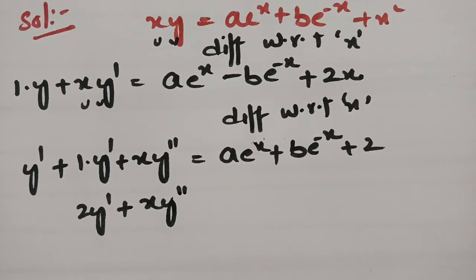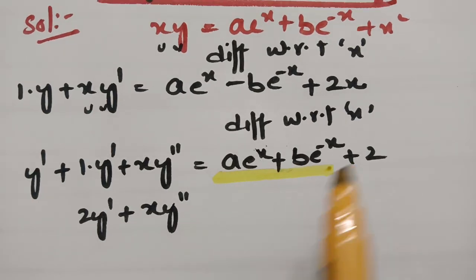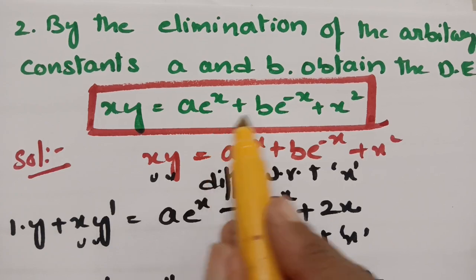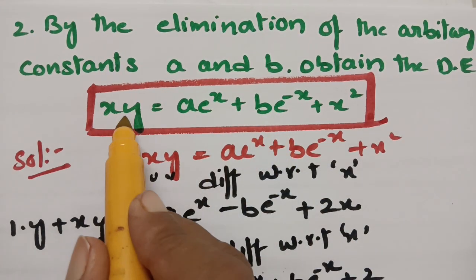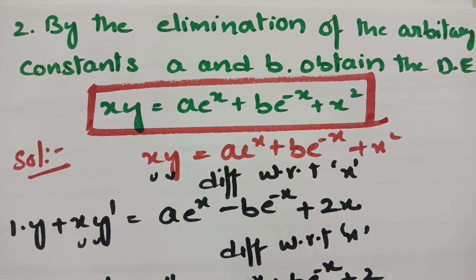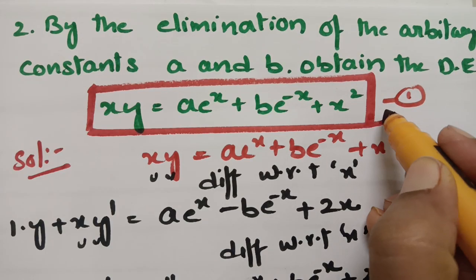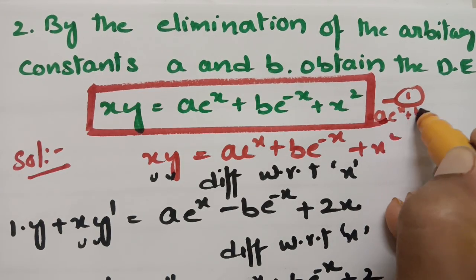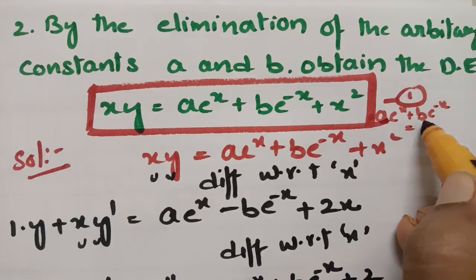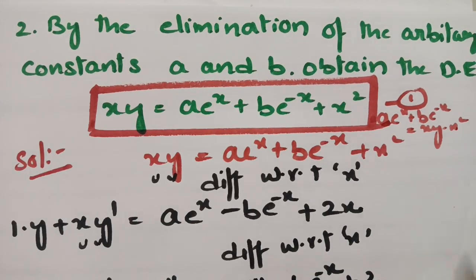So here, if you observe this one, a e power x plus b e power minus x, from equation 1 it can be written as xy minus x square. So from equation 1 I am writing a e power x plus b e power minus x as xy minus x square.